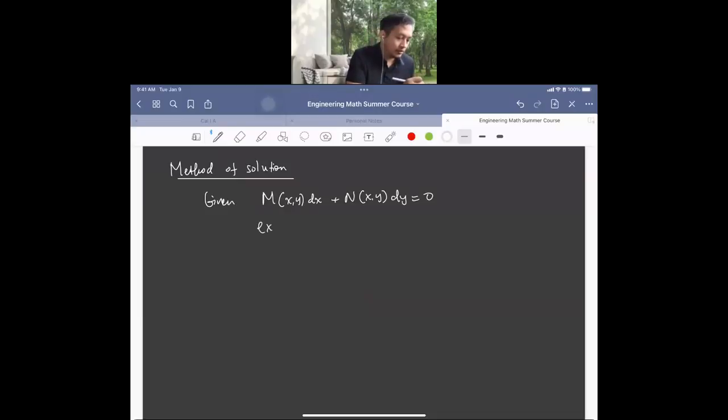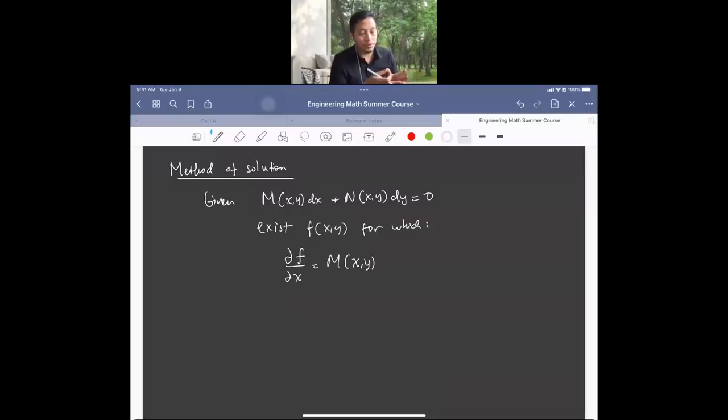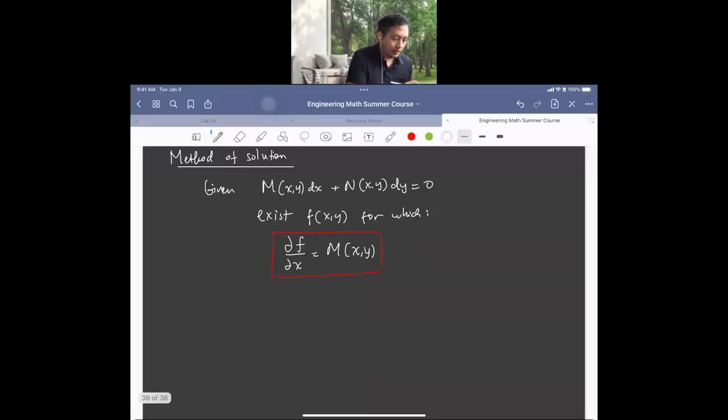There exists a function f of x,y for which we may define this as partial f partial x. The previous one I'm using the capital F is the same. The definition I will just write using the same as the textbook, so you don't get confused.